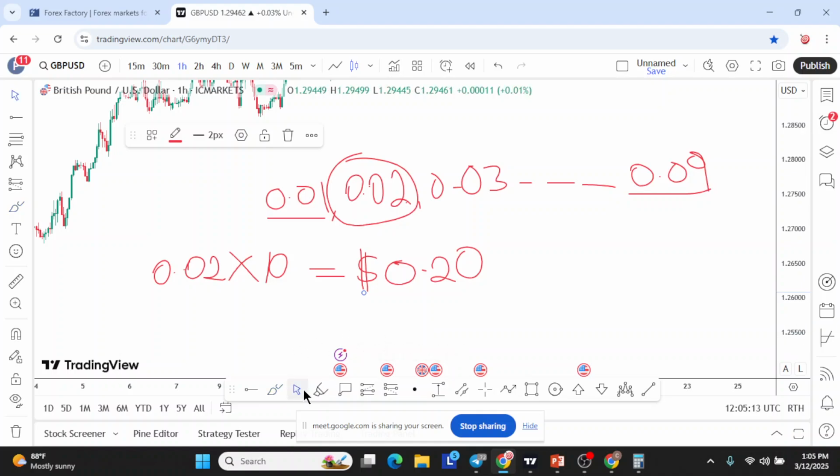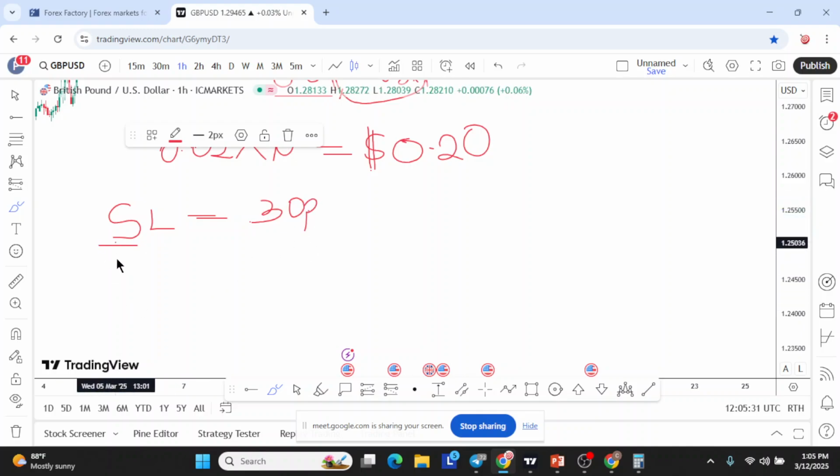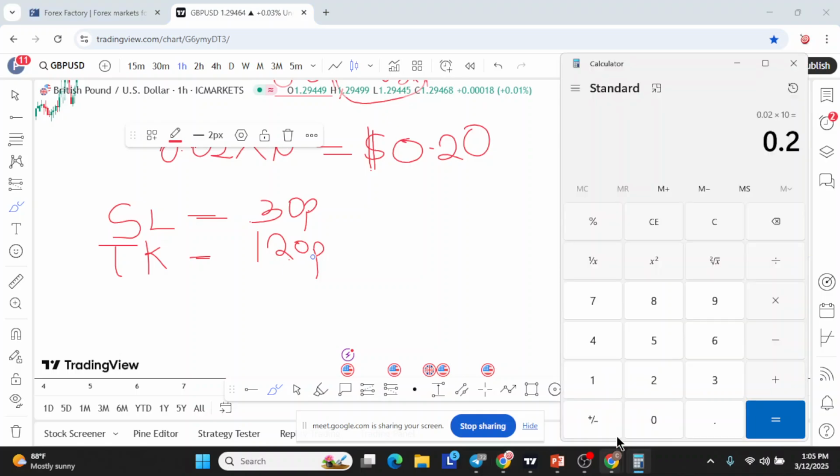So now let's say we want to take a trade and we have our stop loss at 30 pips, and we have our take profit at 120 pips. We still do that same calculation.